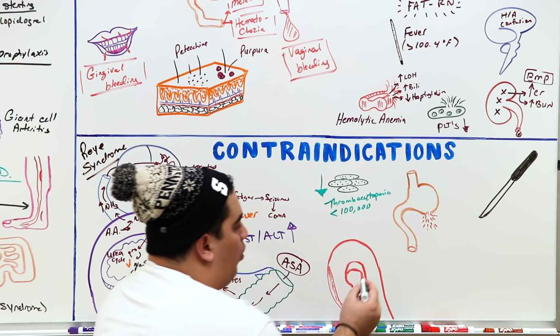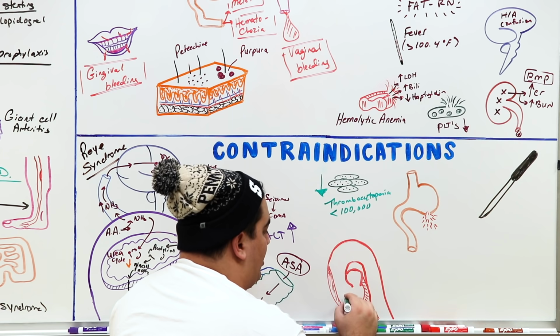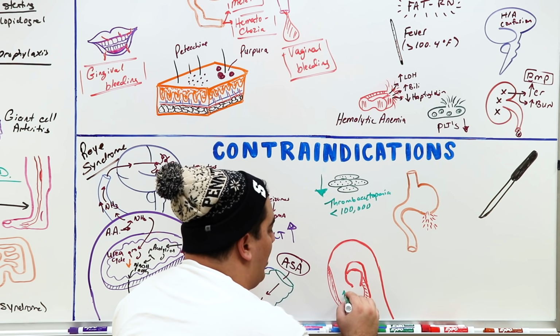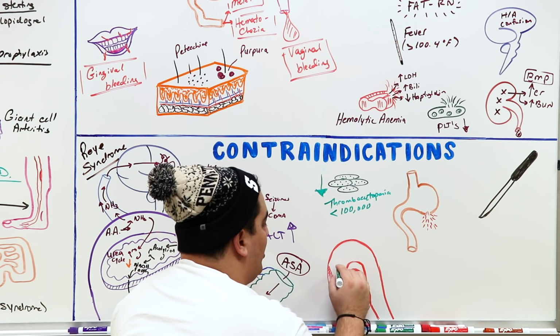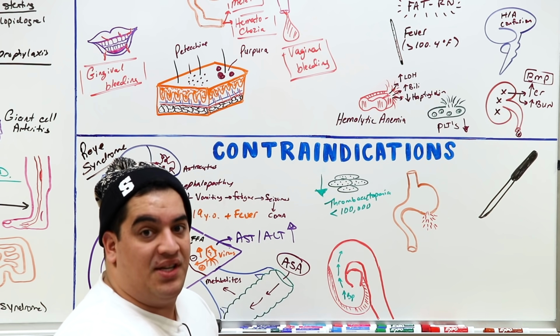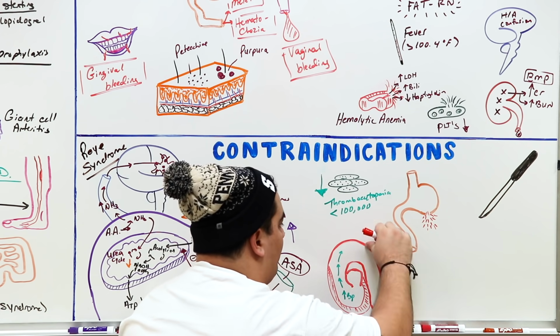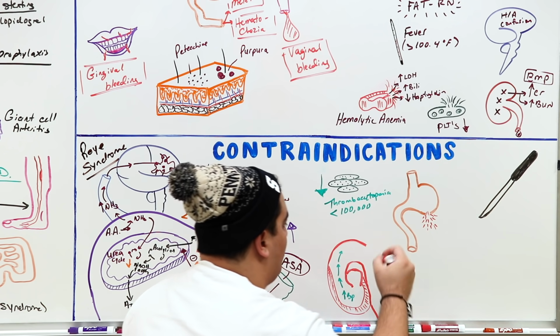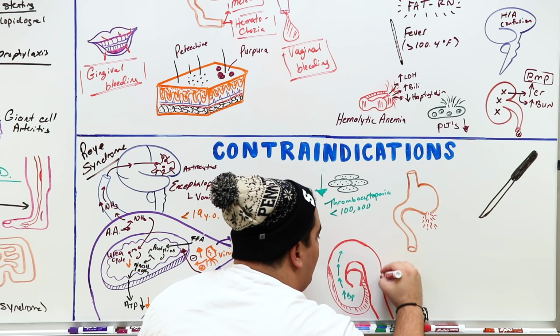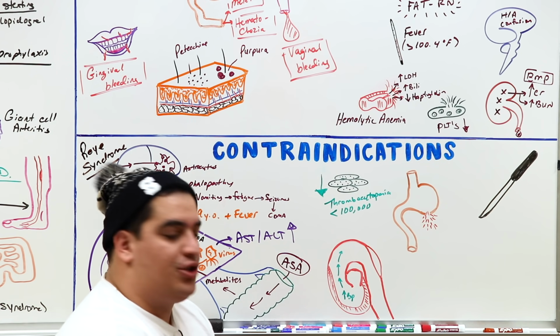Another reason, what if someone has uncontrollable hypertension? So their systolic blood pressure is extremely high. That's one reason. Another reason is that with high blood pressure, there's risk of tearing through that tunica intima layer. And whenever you do that, what can that cause? That can cause aortic dissections.